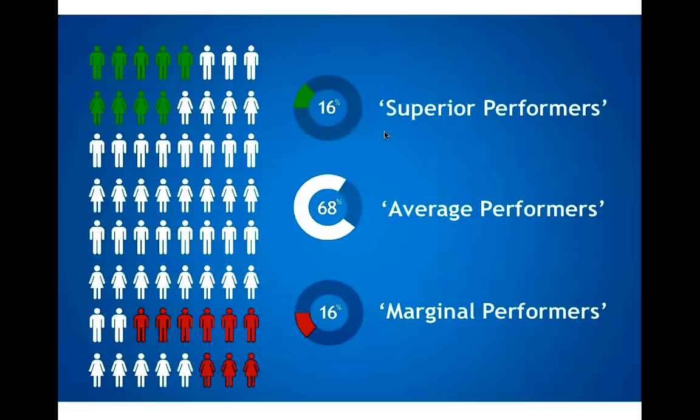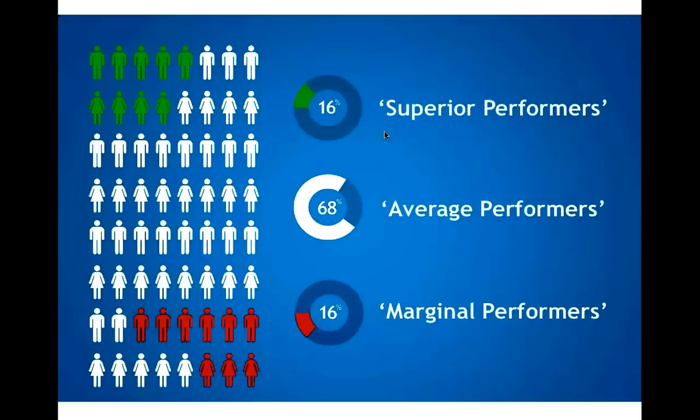I'm paraphrasing as we go along, but what they found was that in every business, in every organization, in every country, not all people are created equal. Not all will be performing at the highest level. They will all fall in the same standard distribution of people.